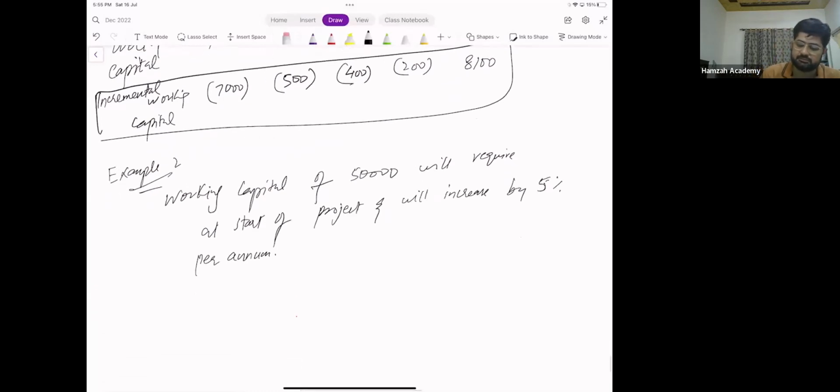That's it. For example, this is a project. So working capital, we need to calculate. 50,000 is required, then a 5% increase. So 5% inflated.